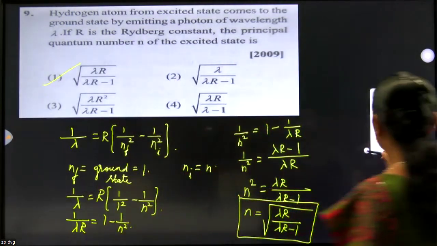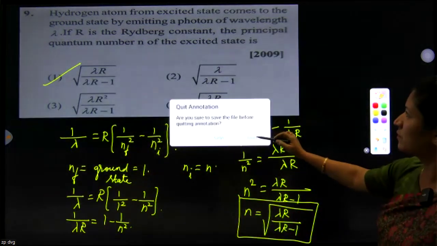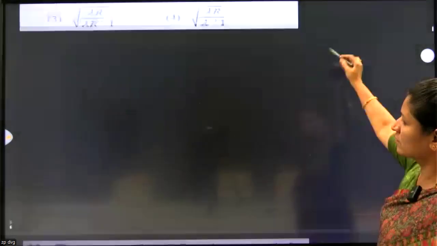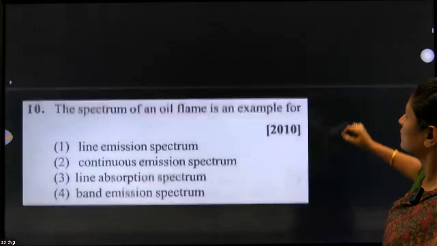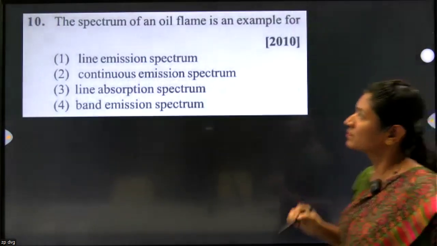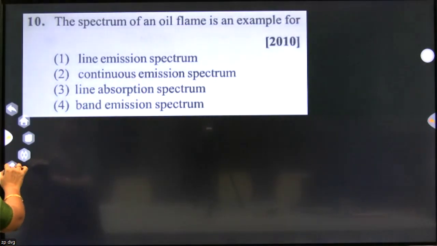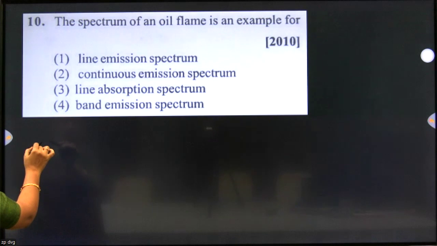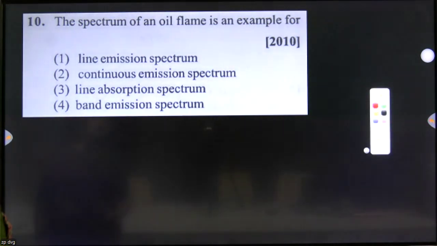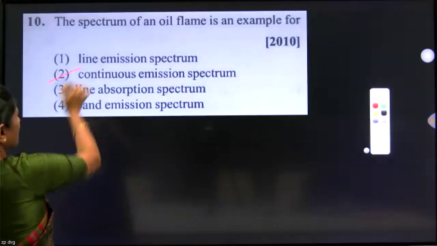Next. The spectrum of an oil flame is an example of, again, continuous emission spectra.